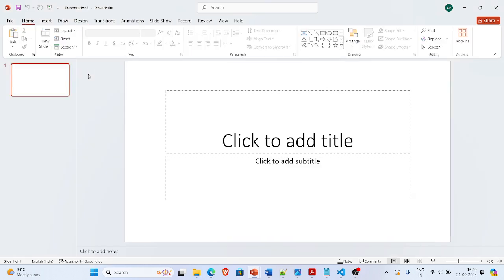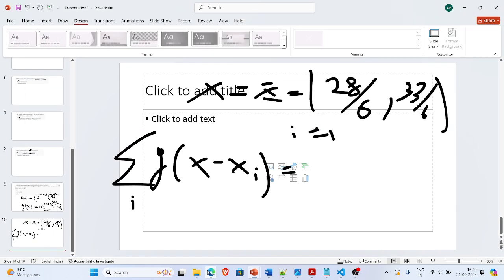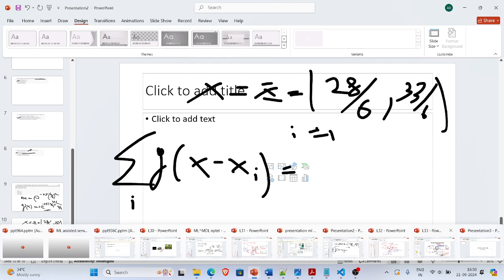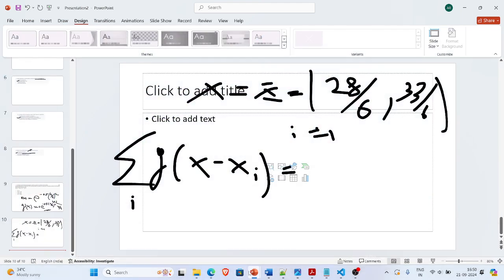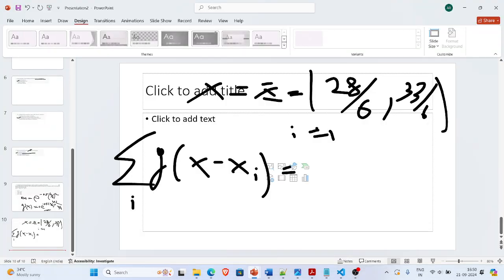Maybe I can use a new blank slide here. So what I was trying to do here is calculate g for i equals 1. This presentation we have, it's a struggle now. Let's see, maybe we can write it now.